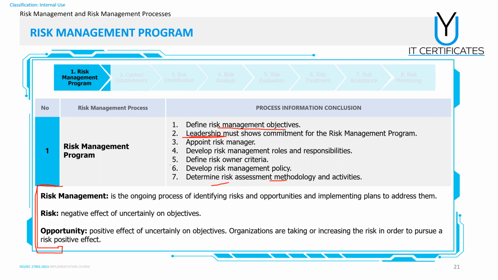Then we must have a person who will be appointed as a risk manager. He will be responsible for the risk management program. We have to define his responsibilities. We have to define the other roles. It may be for employees or assistants or whatever, and what are the responsibilities and expectations from each one of them.